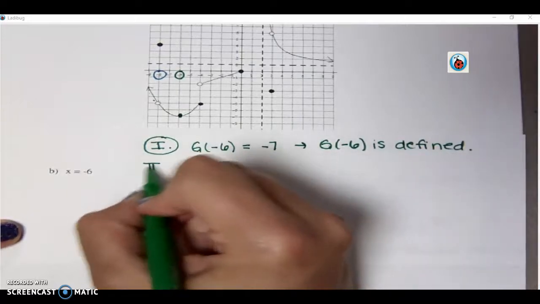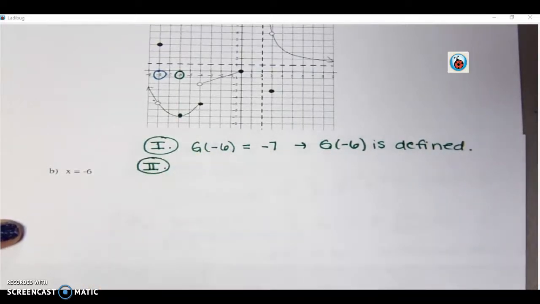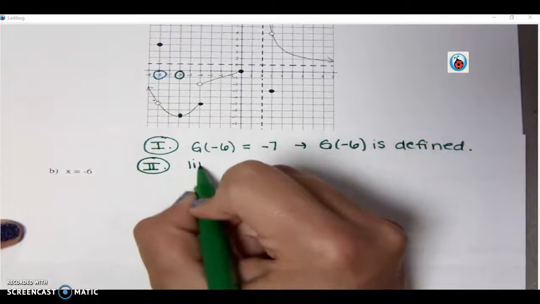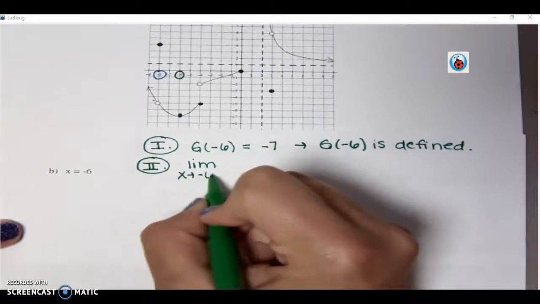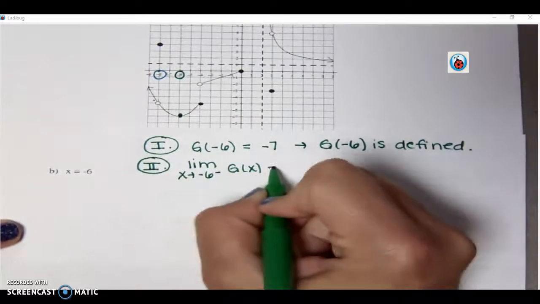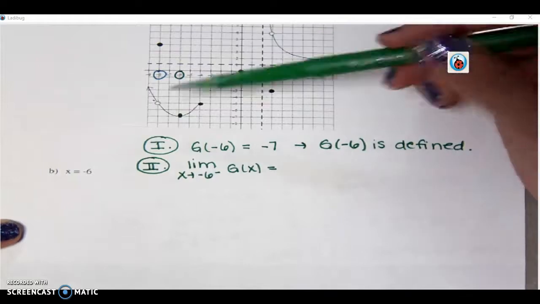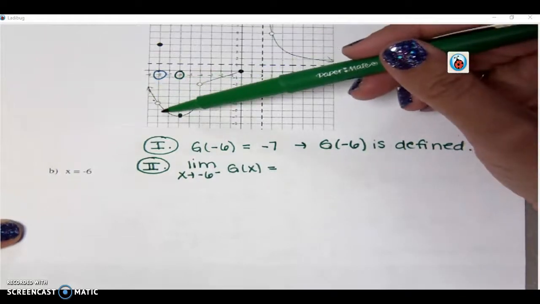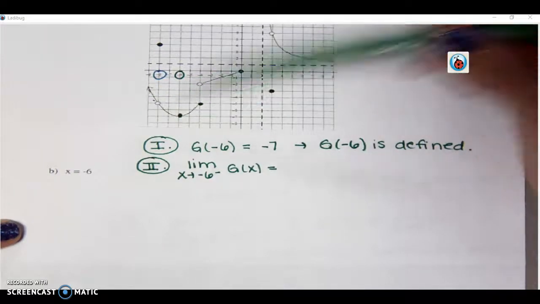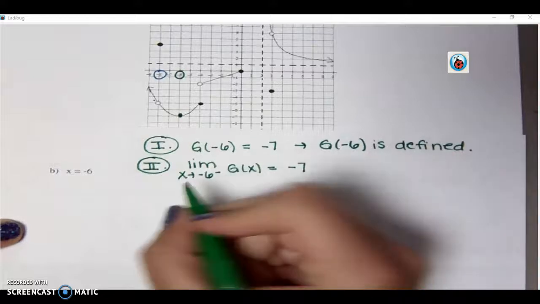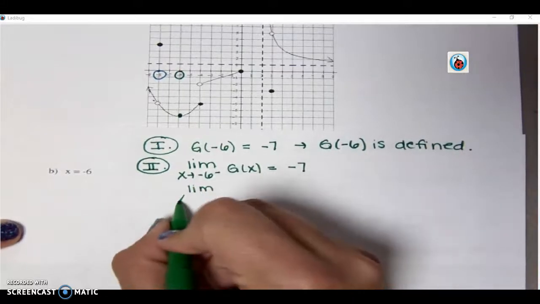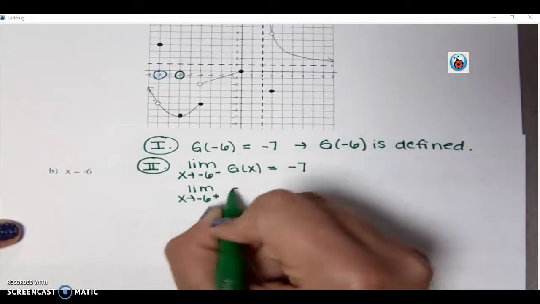Alright, for step 2, we're trying to figure out if the limit exists at negative 6. So we're going to do the left side of the limit. To do the left-sided limit, we're going to go from the left, and as you approach that negative 6, you're coming at a y value of negative 7. And then we're going to do the limit as x approaches negative 6 from the right.